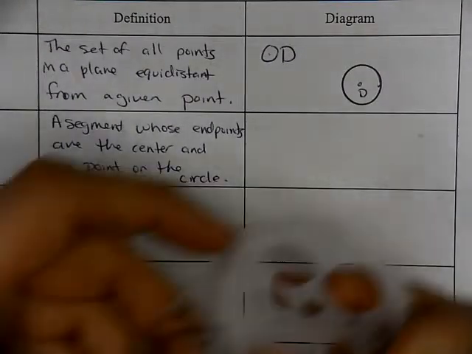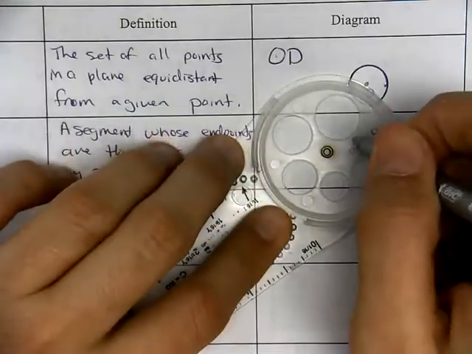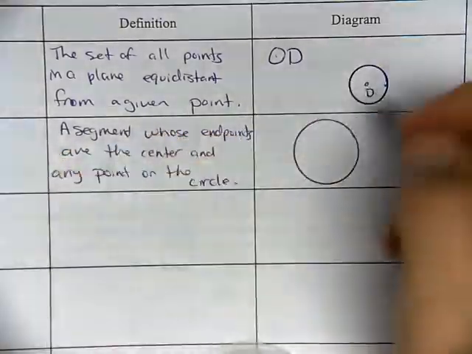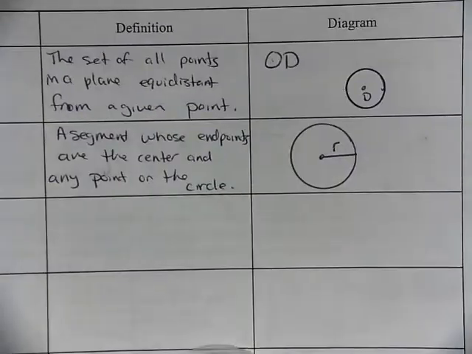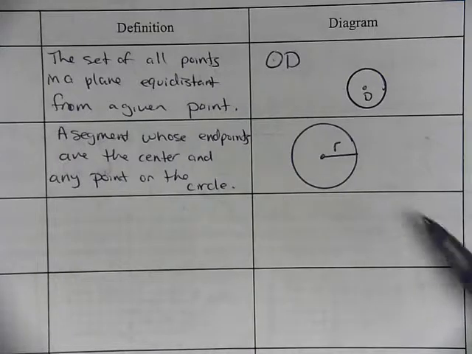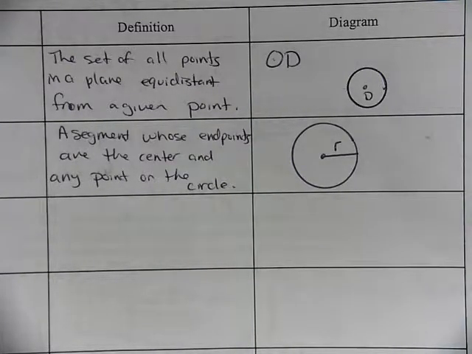So if you draw yourself a circle, the radius is from the center out. We've been dealing with that before when we did pi r squared to pi r. We always had a radius.